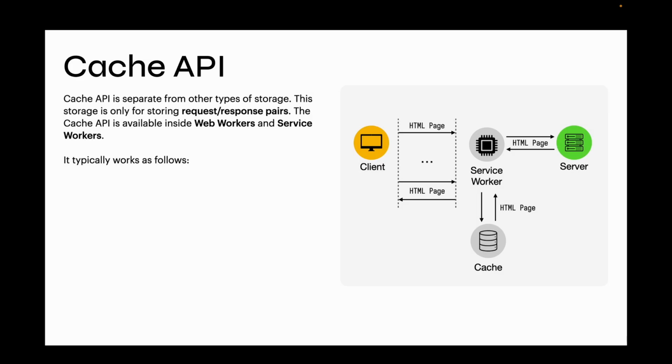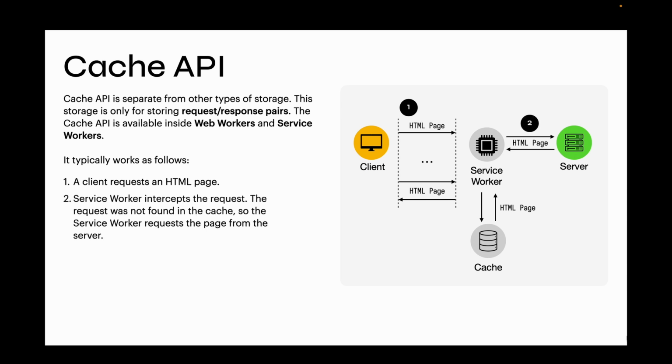The next option is Cache API. Cache API, distinct from browser cache, is dedicated to storing request-response pairs. It is accessible in web and service workers, making it a unique storage option. Here's how it works. A client requests an HTML page. The service worker intercepts the request. The request was not found in the cache, so the service worker requests the page from the server.